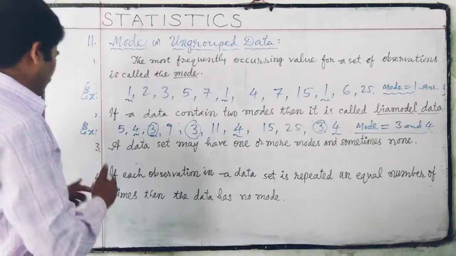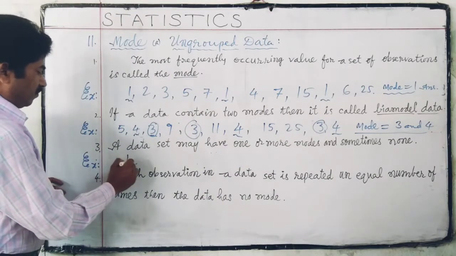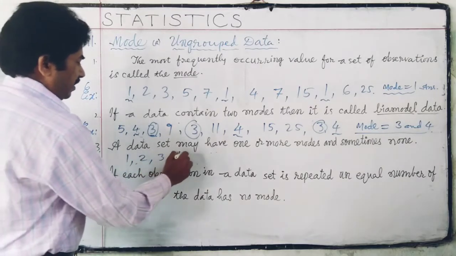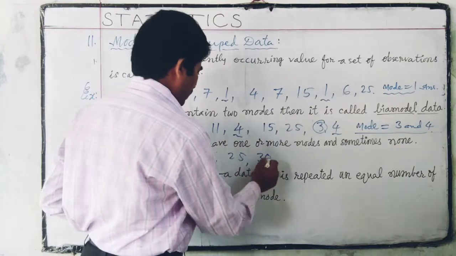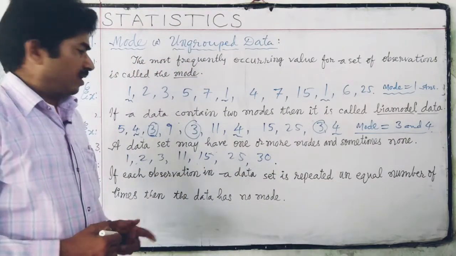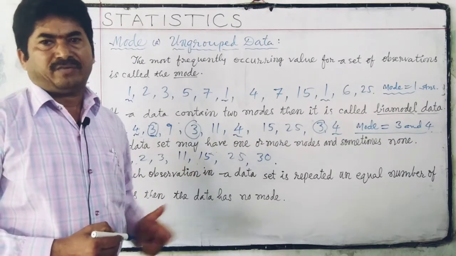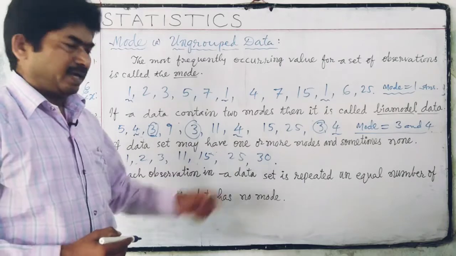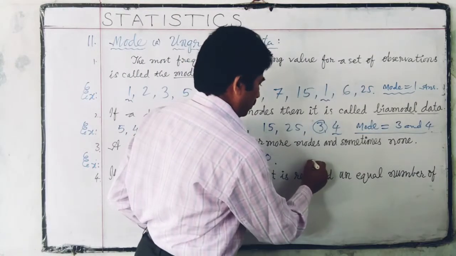So for example, 1, 2, 3, 11, 15, 25, 30. This is the data. For this data, there is no number occurring frequently. So all are equal times. So that's why this data has no mode.